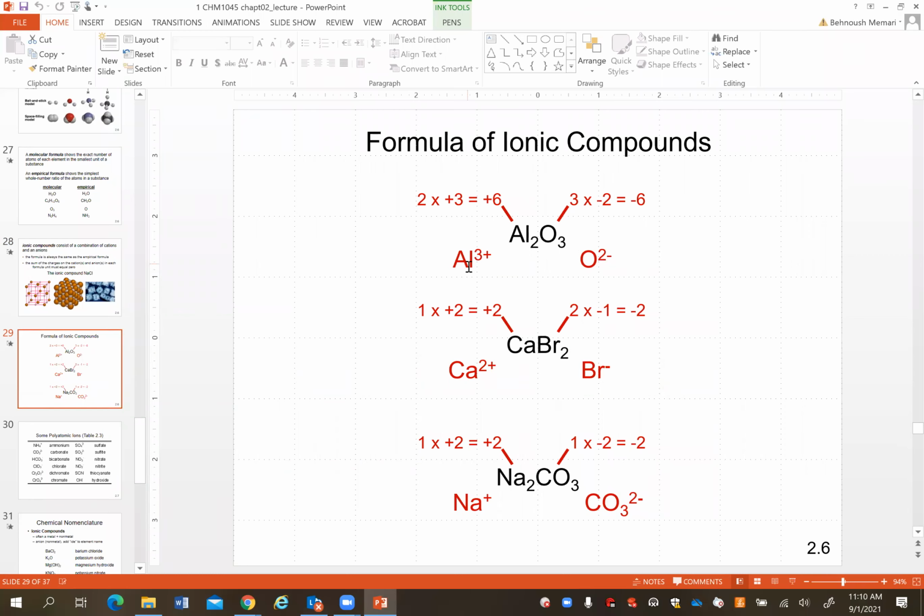So for the purpose of charge, we don't have to worry about the number of neutrons, and the mass is not provided in this periodic table anyway. If I had the mass of 27 for aluminum, then the number of neutrons would be the mass minus the number of protons, so 14 neutrons. But since I'm only worried about the charges at this point, I can just look at the electrons and protons.